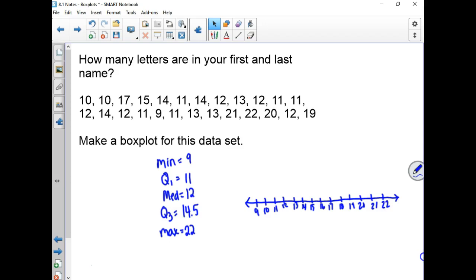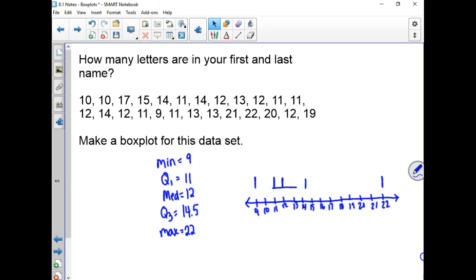Okay, and I'm going to put myself a little mark at 9 and another mark at 22. I'm going to put a mark at 11, at 12, and at 14.5, so right here between 14 and 15.